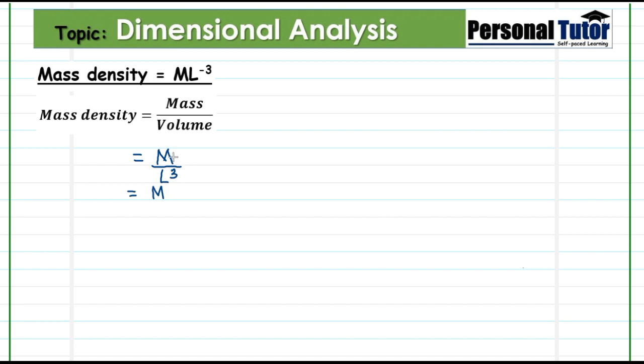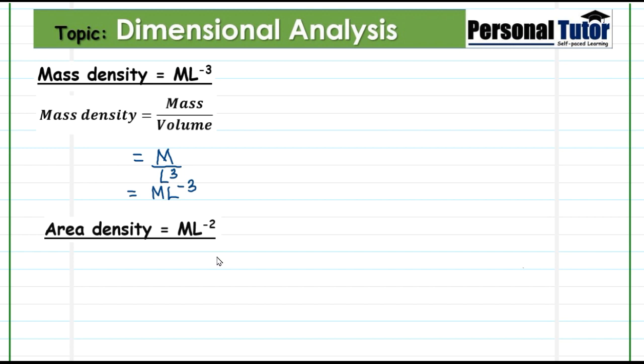When it comes up to join the numerator, it will go negative. So mass density has its dimensional equation to be ML exponent negative 3. That is why.